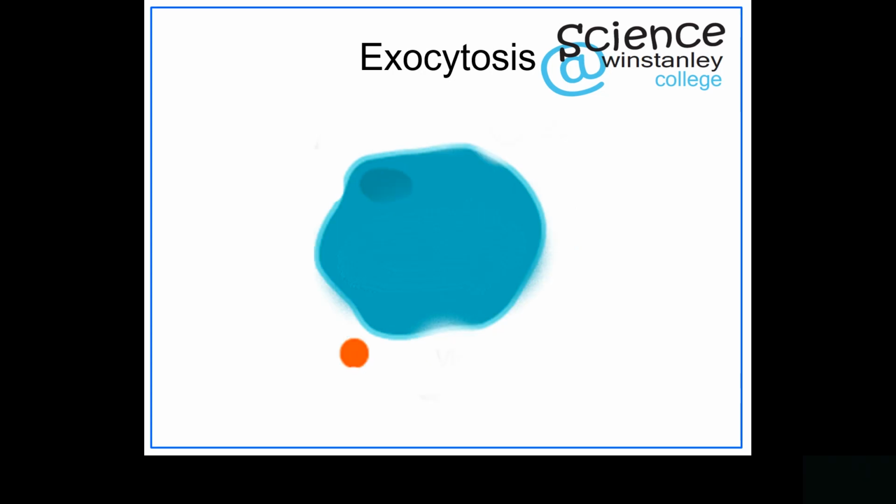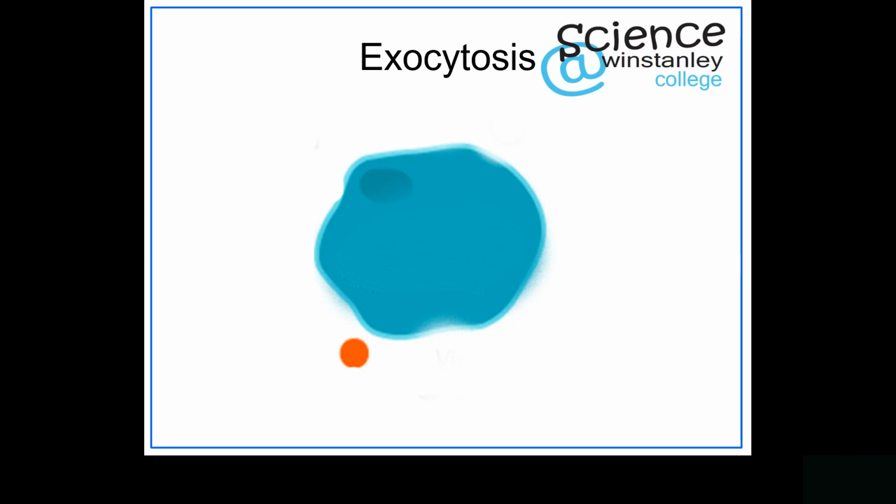And what you then end up with is, in my case, the enzymes on the outside of the cell. And that can keep happening over and over and over. You can continually do exocytosis in this way. Now, like I said, there are lots of different examples. Certain white blood cells can produce things like antibodies, and antibodies can be released in the same way.